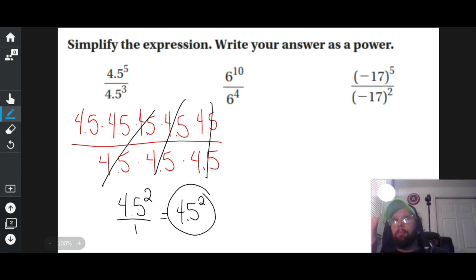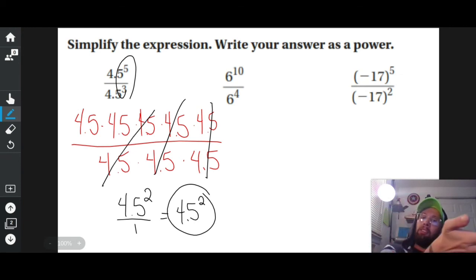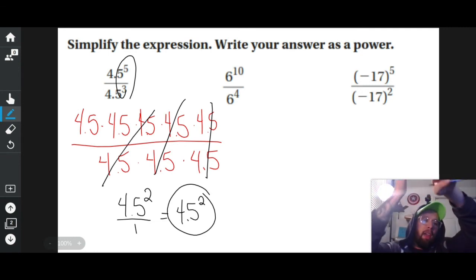So wait a minute. When I multiplied similar bases, I added the exponents. When I divide similar bases, I'm going to subtract the exponents. So instead of writing out 10 sixes up top and 4 sixes downstairs, I would have all these sixes up here, and then 4 down here and just cut out 4 of them.